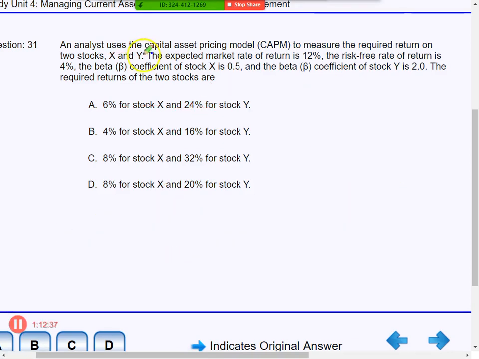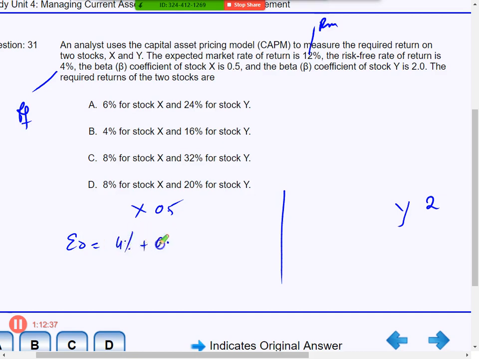It says an analyst uses the capital asset pricing model to measure the required return on two stocks, stock X, stock Y. The expected market rate of return is 12%, that is RM. Risk-free rate is 4%, that is RF. The beta is 0.5 for X and 2 for Y. So very simple, you just have to calculate ER. I'm going to directly plug the formula. Risk-free rate is 4%. Beta is 0.5.